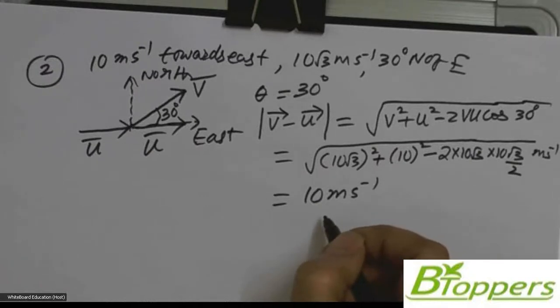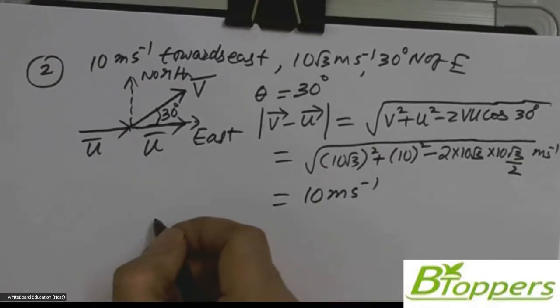To find the direction of the change in the velocity vector, you can follow the graphical method that I have discussed in the past for finding the difference of two vectors. The change in the velocity vector can be written as v bar minus u bar, which represents the vector sum of v bar and minus u bar.